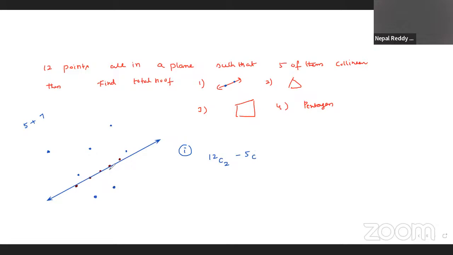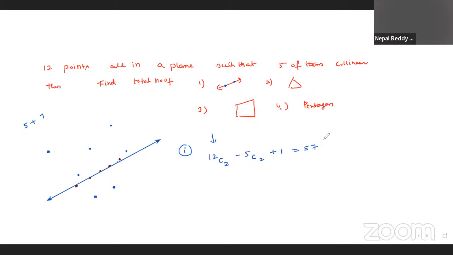And if you choose any 2 points on this, you will get the same straight line. So that is repeatedly counted. So I am going to remove that, and you have to treat this as only one straight line. So 12C2 minus 5C2 plus 1. This is equal to 57, right answer.